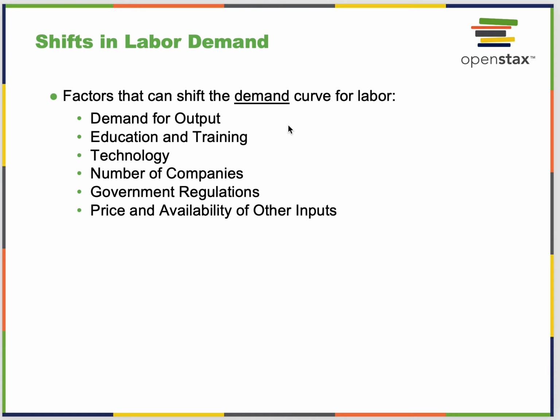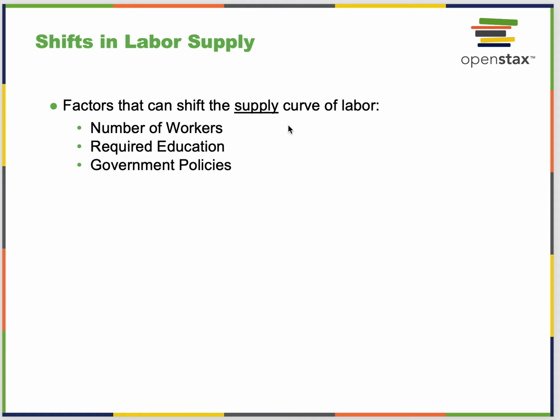Then the number of companies that are looking to hire the labor, and government regulations, like the example I used earlier, so that students doing their practicum in the School of Nursing can now work as full-time nurses in this COVID crisis. And of course, the price and availability of other inputs. What shifts the supply curve? Well, the number of workers, the required education, and government policies.